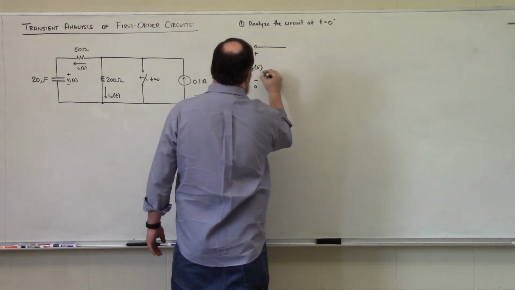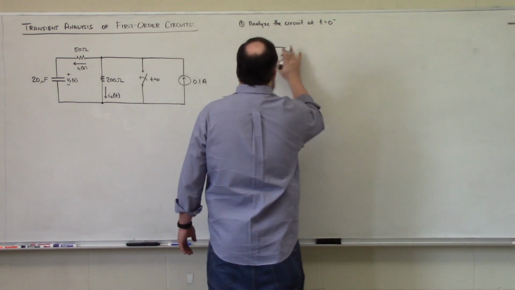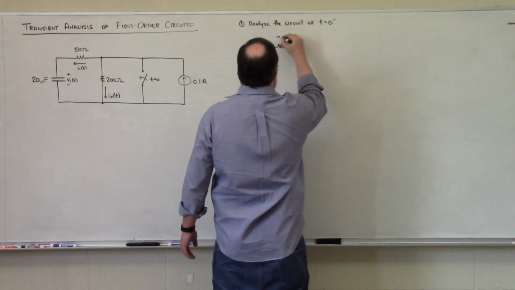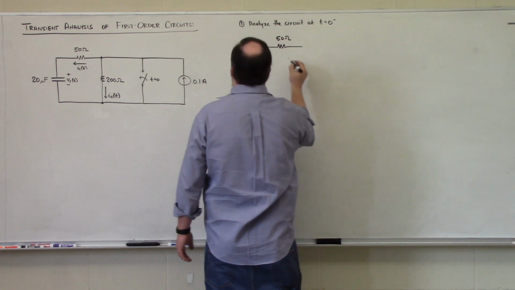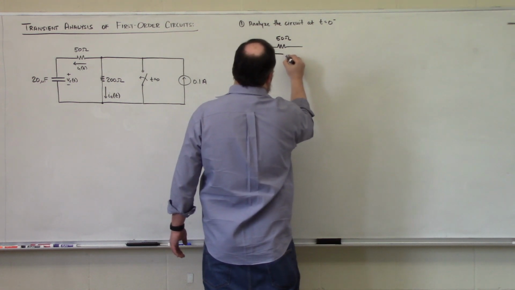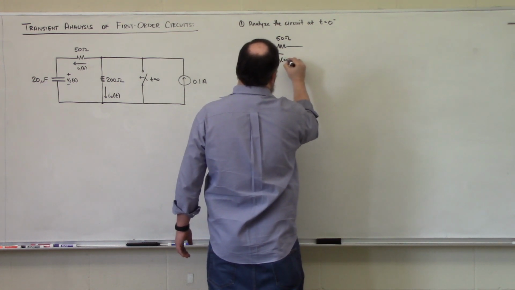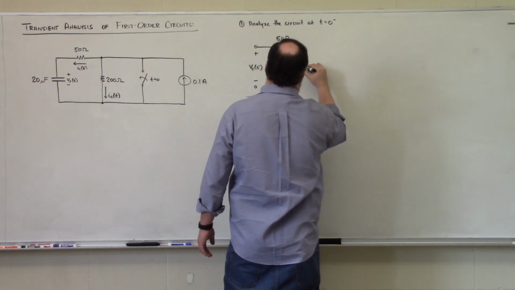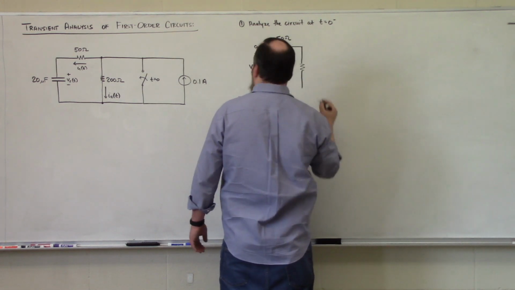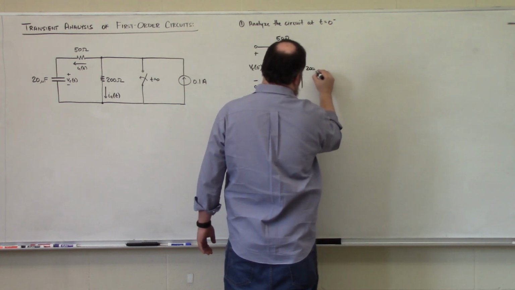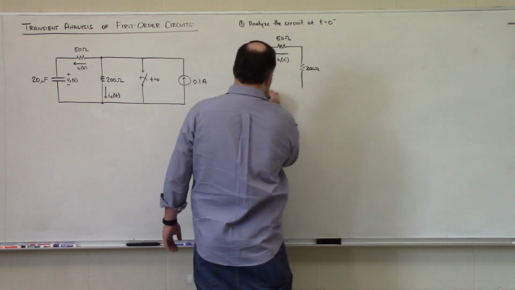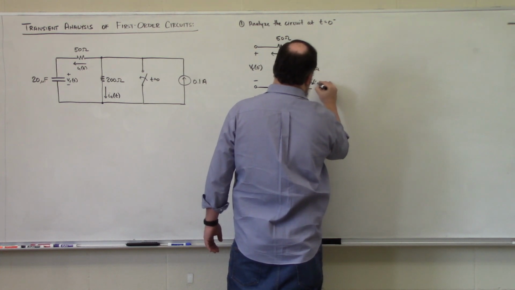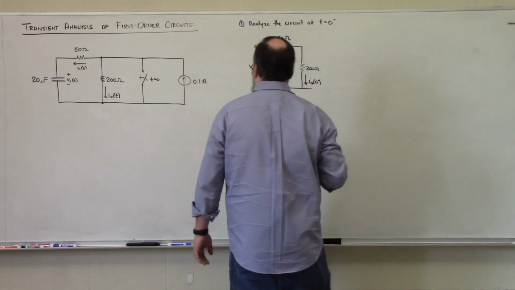So here will be our capacitor voltage, VC at 0 minus. Here's our 50 ohm resistor. This is our current I1 at 0 minus that we're interested in. Here is our 200 ohm resistor. Our current I2 at 0 minus we are interested in.